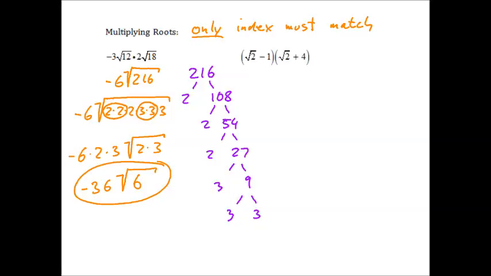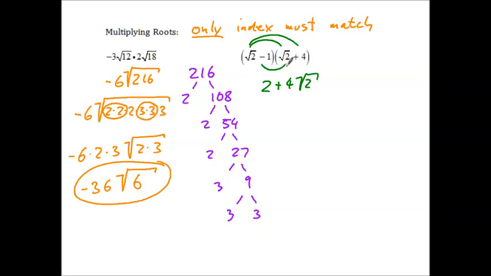If we need to multiply two expressions with subtraction or addition in parentheses, like in the example on the right, we just go ahead and FOIL them the way we would FOIL two binomials. Multiply the first by the first. Square root of 2 times square root of 2 is 2. Multiply the outer terms. We get positive 4 times the square root of 2.